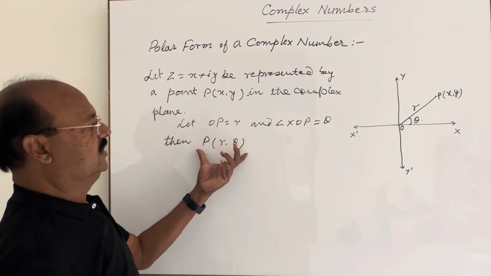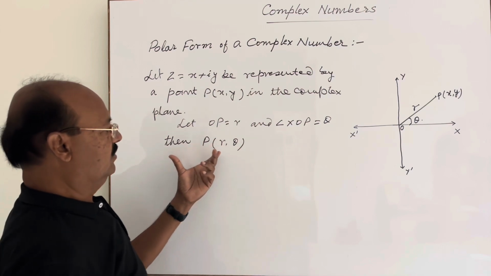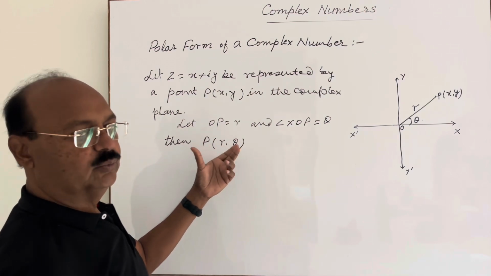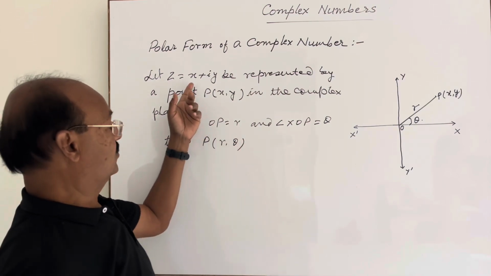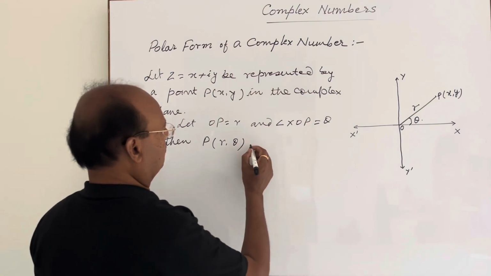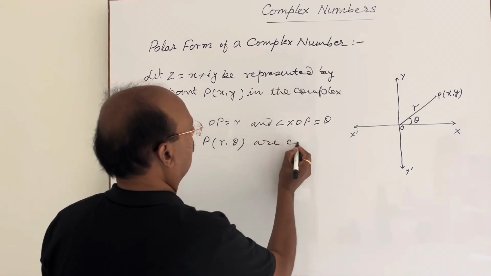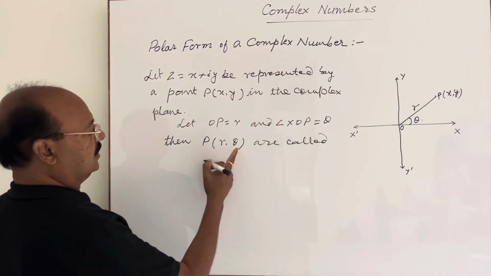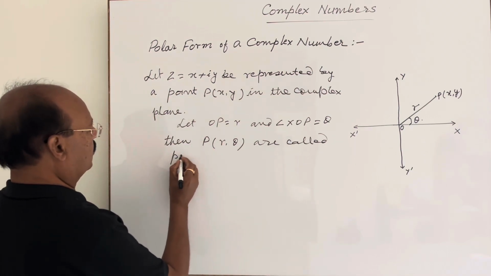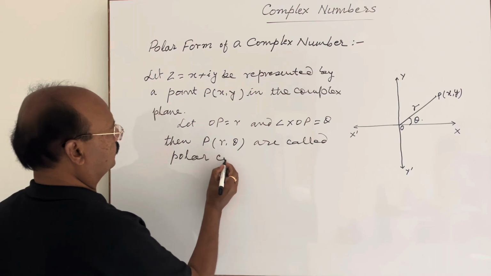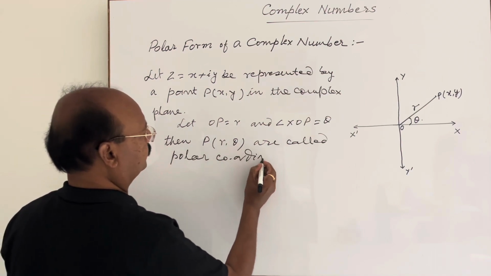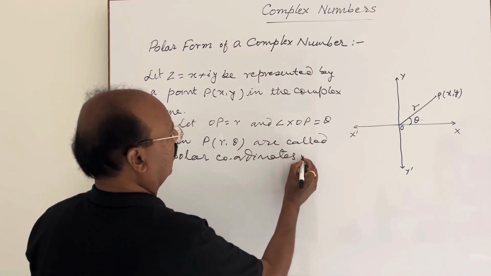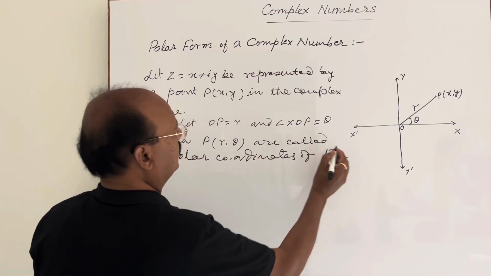This is known as the polar form. P(r, theta) is called the polar form of this complex number, and r, theta are called polar coordinates of the complex number z.